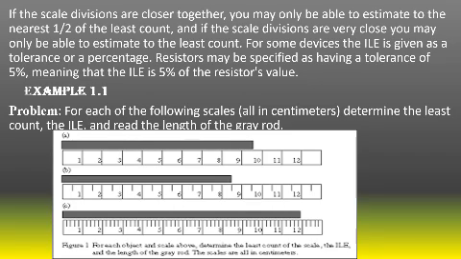So what we need to do is count the smaller divisions, that is the instrument limit of error, from 9 to 10 where the rod is located, and add that number to 9 to get our length of the gray rod.